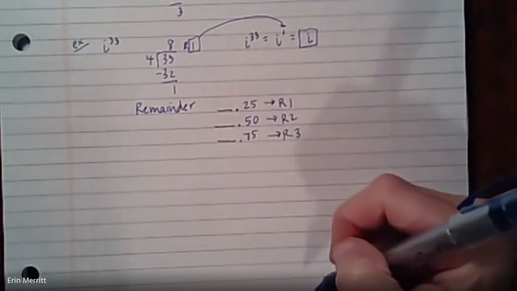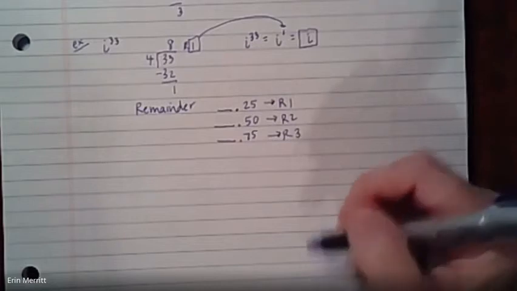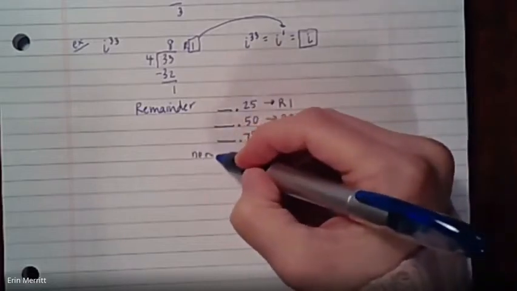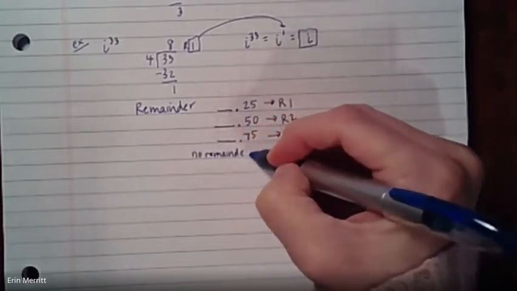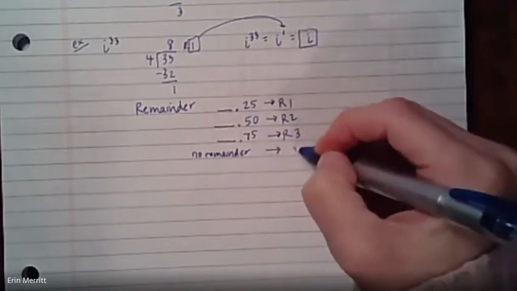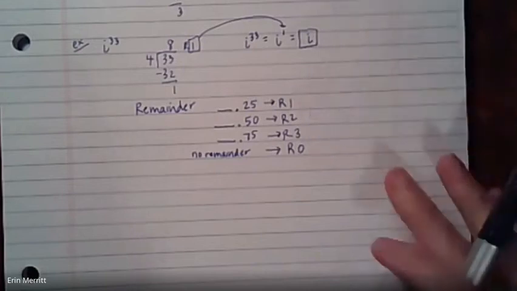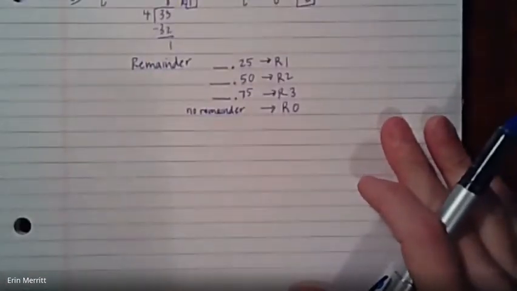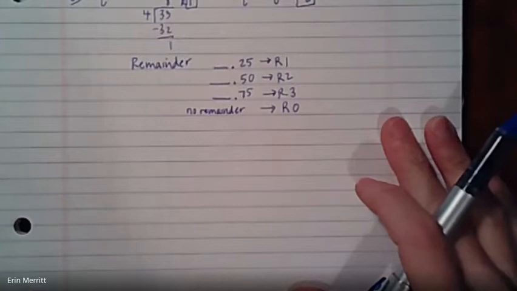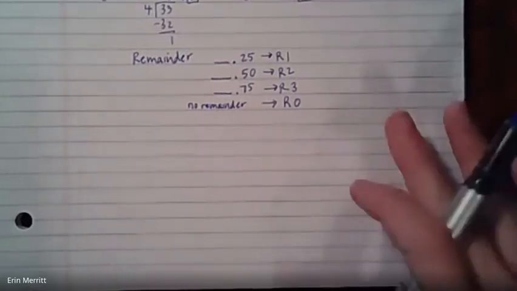And now think about it. If you divide by 4 and it comes in evenly, there would be no remainder. So you just get a nice whole number. That's the same as a remainder of 0, all right? So there's a quick little cheat sheet for you. With that being said, I have a second little shortcut for you, all right?